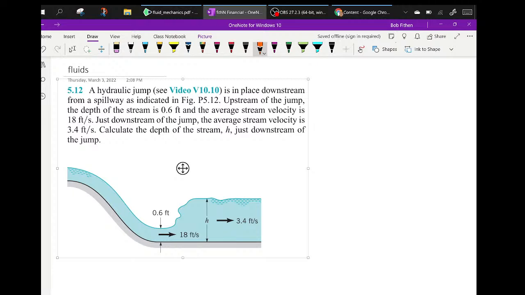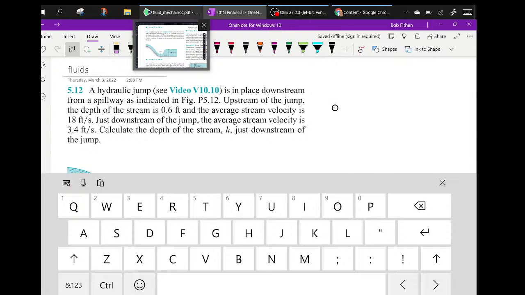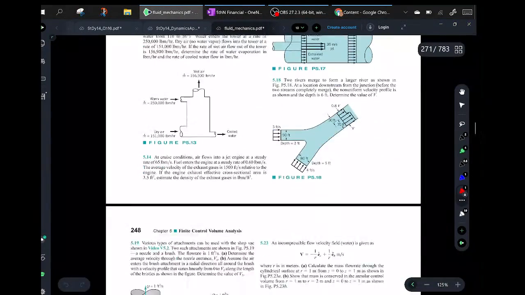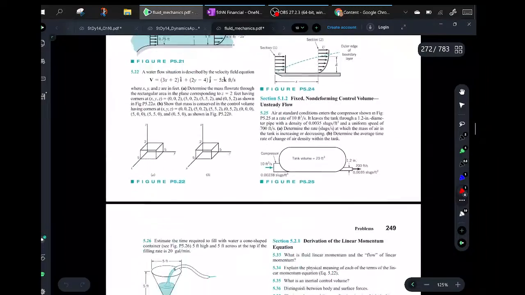All right, so I never worked this problem, but this brings up an interesting point, and I'm going to try to work this. And after this, I'm going to go down.